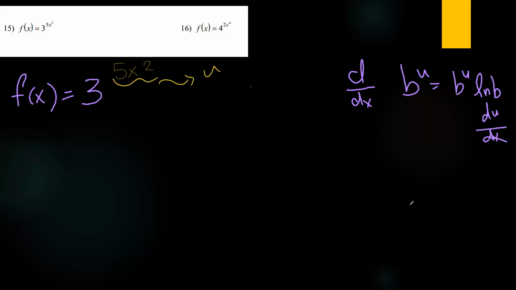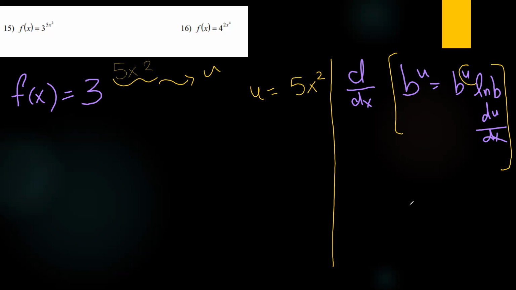So u is 5x squared, which is the power that 3 is raised to, and du over dx is 10x.